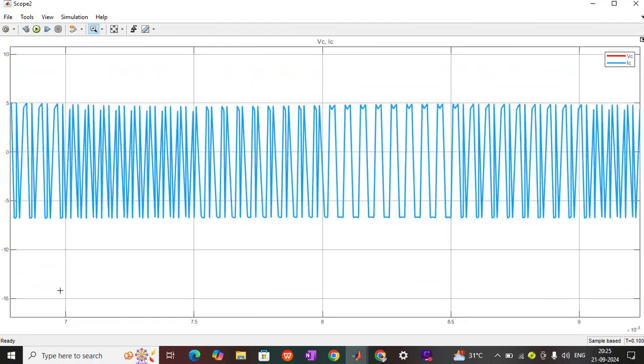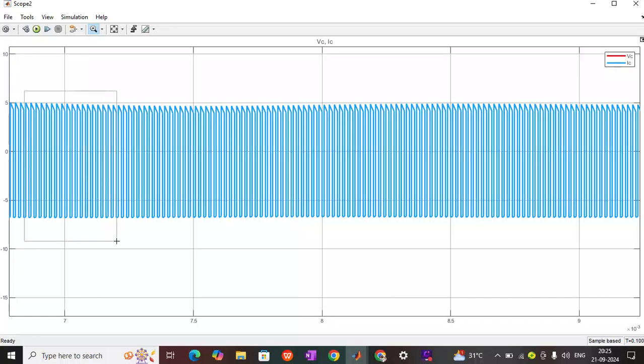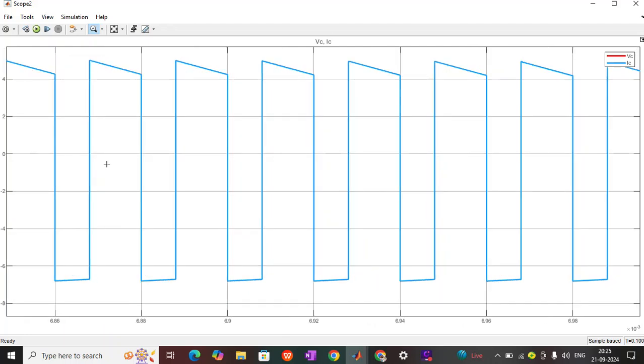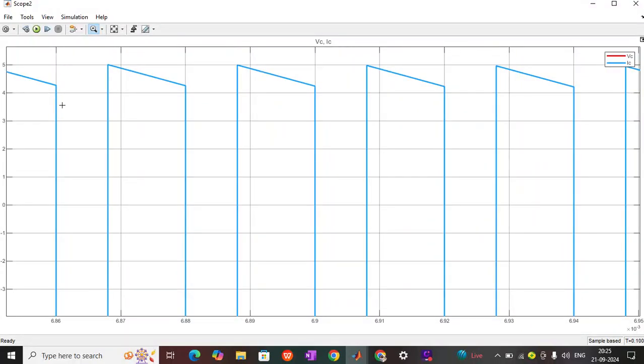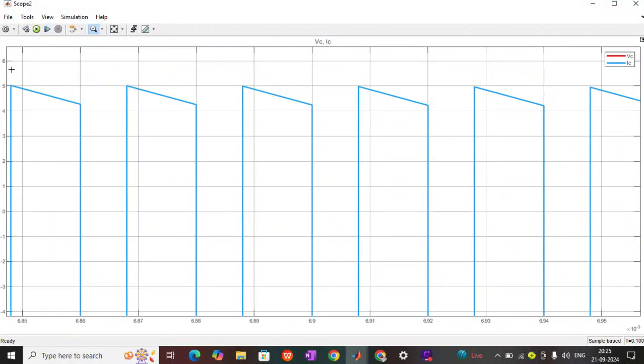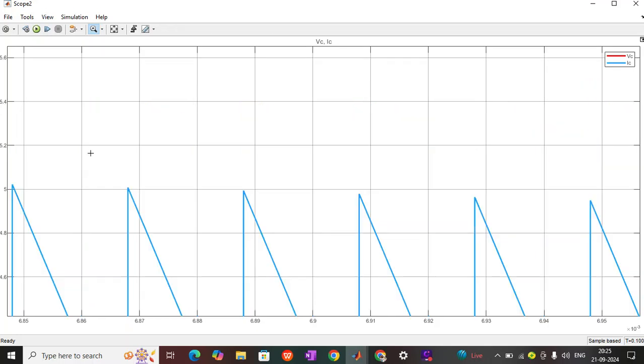So I will zoom it and show you one more time what current I am going to get. Initially this waveform will start from here, not from the top. Just don't get confused, because it's working is like that. It is a nearby steady state waveform, that is why it is showing like this.